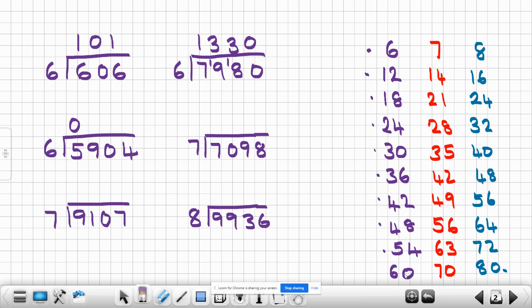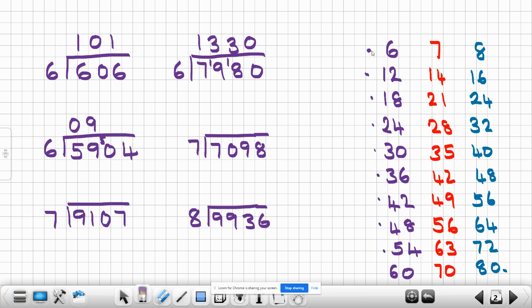Well, if we go one more, we're going to get to 60. So we can get 9 6s out of 59. 9 times 6 is 54. So we have got a leftover of 5, which we will carry over to the next column and make 50.